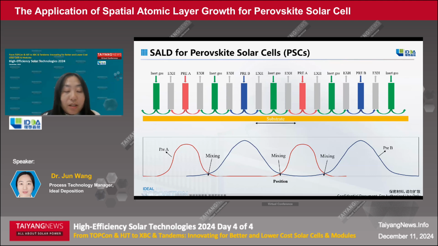When precursors are well separated and thus react only with the substrate or previously deposited layers in a layer-by-layer manner, the deposition occurs in the ALD regime, characterized by an overall uniform, dense, pinhole-free, and conformal film growth. In contrast, when there is significant mixing of precursors, they can react with each other. The deposition occurs in the CVD regime, resulting in a faster but generally non-uniform and poor quality film growth.